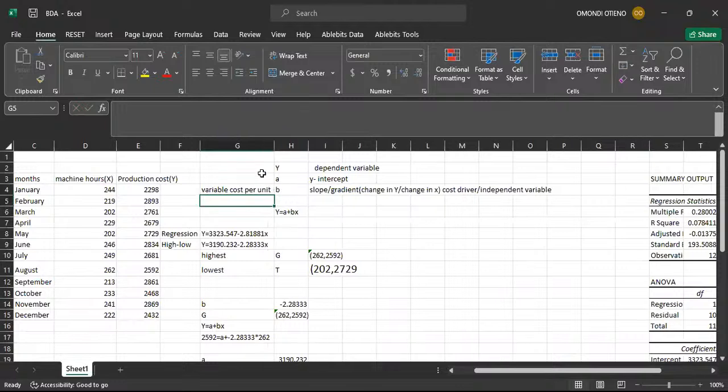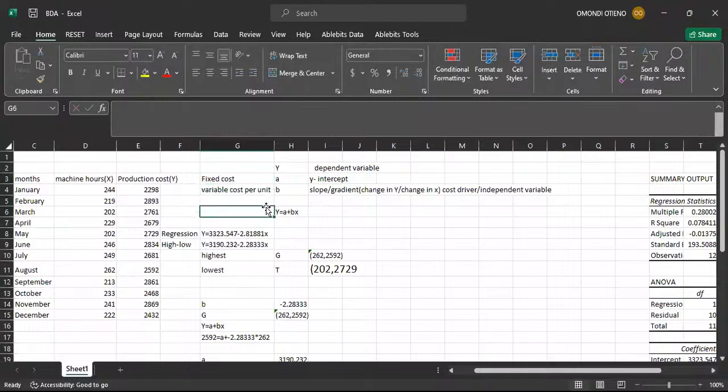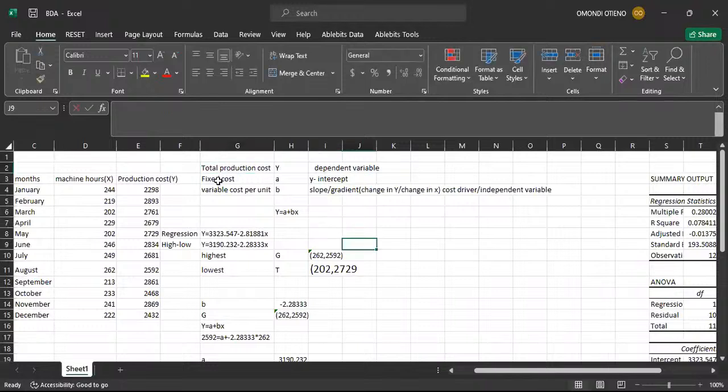And then A is the fixed cost, which is constant. And this one here is the total production costs. So we now have a function based on the regression method, and a function based on the High-Low method. That is what we have there.